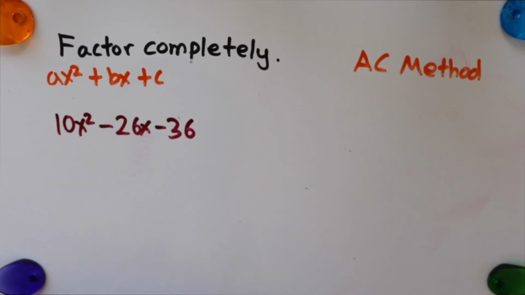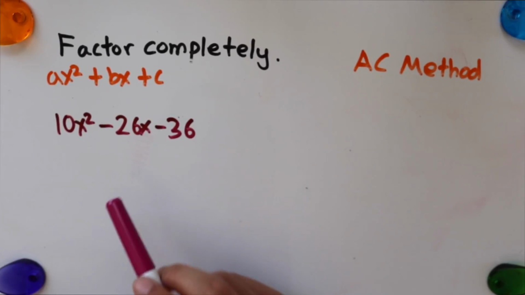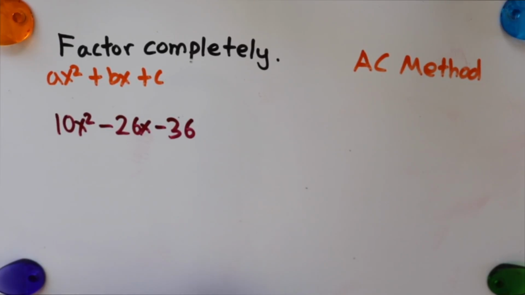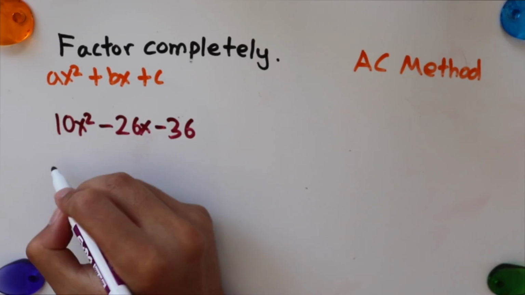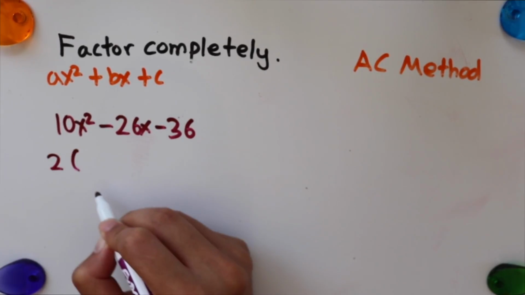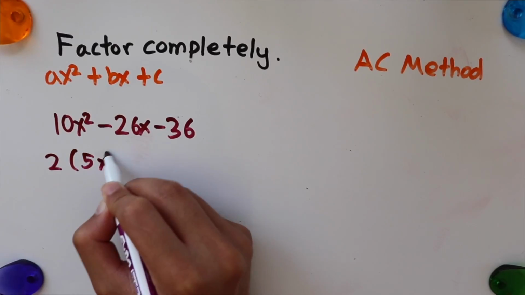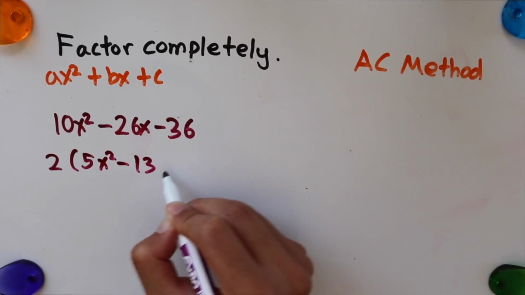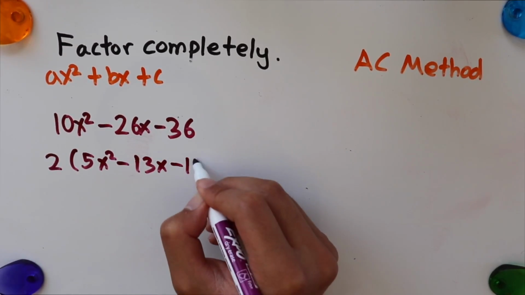So we should be a little bit smarter when we take on this problem. We can be smarter if we realize that these terms have a 2 in common between them. So if we factor out a 2 first, the AC method becomes a lot easier to work with.